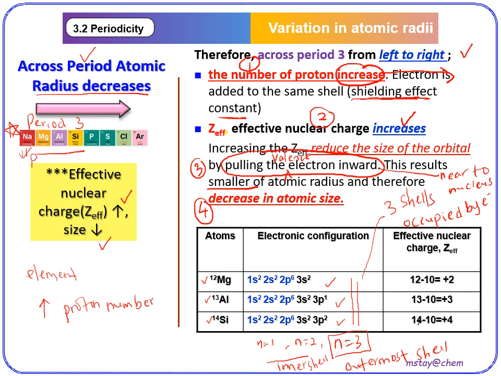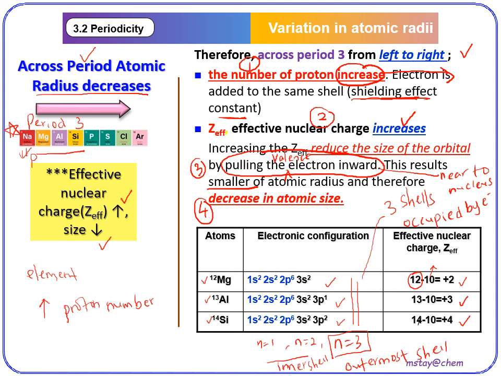Now we are going to prove that. Is it true that the effective nuclear charge is increased? When the proton number increases but the number of inner electrons is constant, 12 minus 10 gives positive 2, 13 minus 10 gives positive 3, and 14 minus 10 gives positive 4.